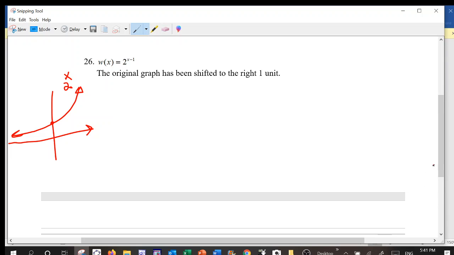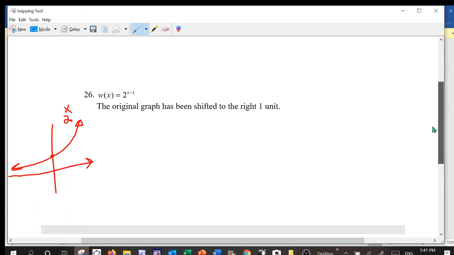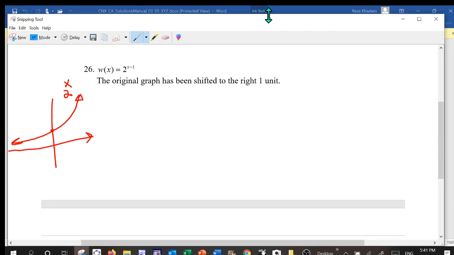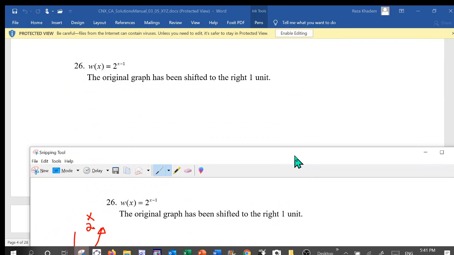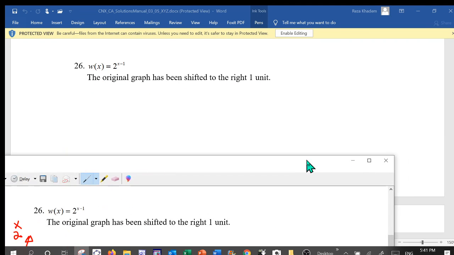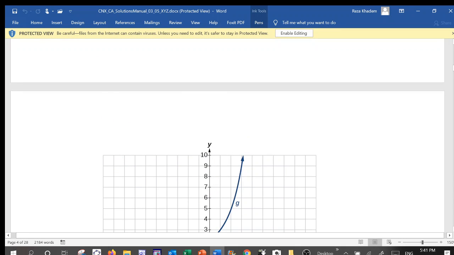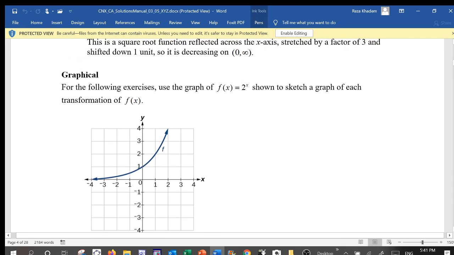Now, what was the name of it? Let me see what the name was. So the name of it was f of x.